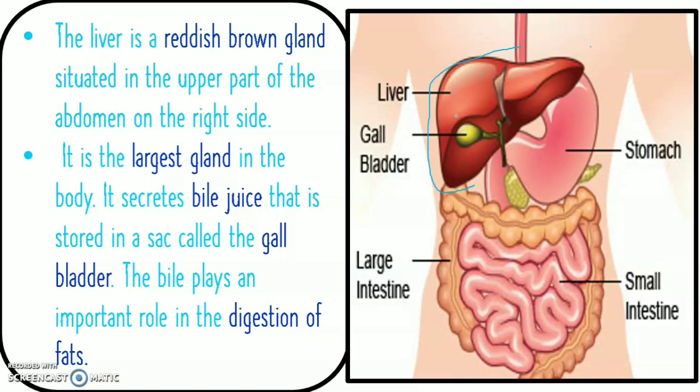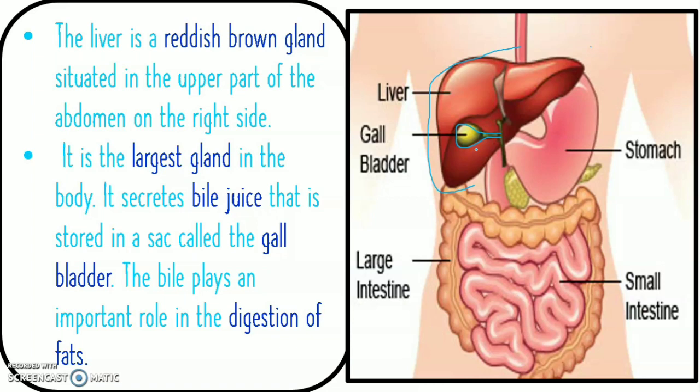And the bile juice is stored in a sac called a gallbladder. So you see this green colored sac. This is the gallbladder. And the gallbladder stores the bile juice. The bile juice helps in the digestion of fats.